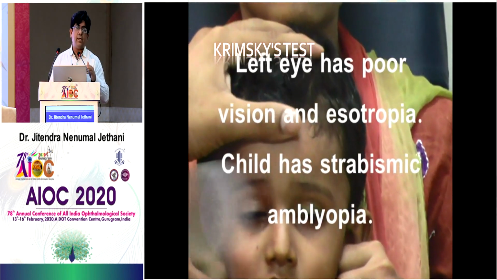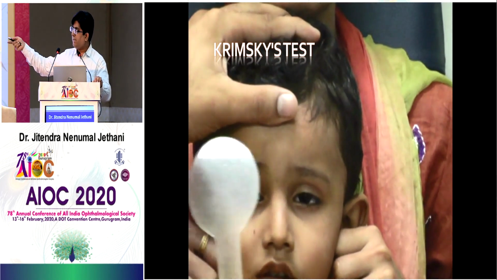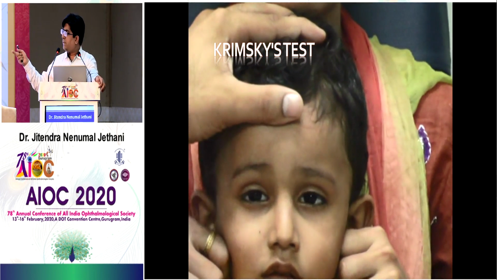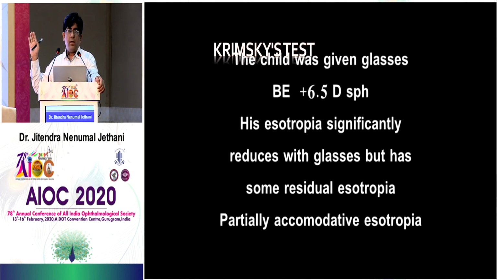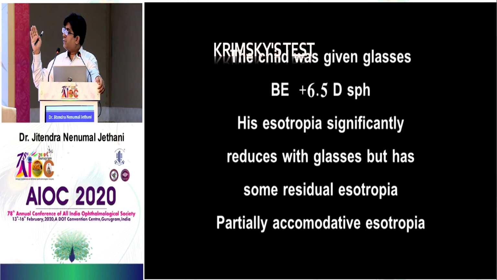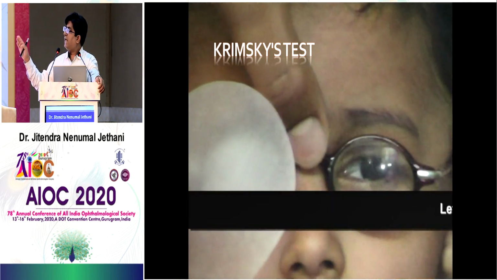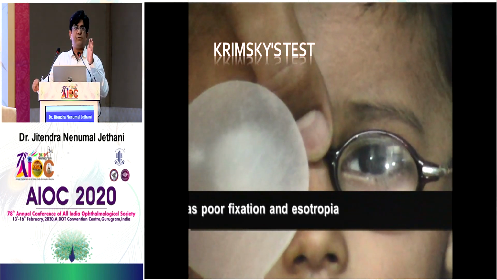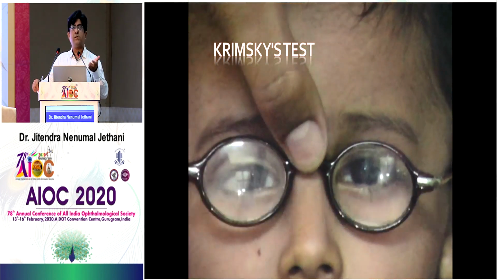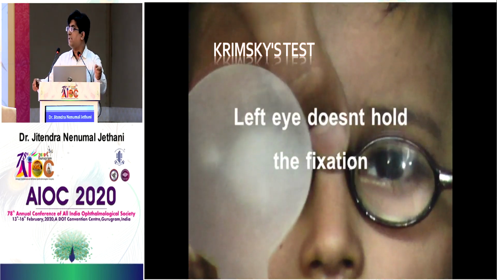He was really an uncooperative child, so she is holding his ears, and he was a partially accommodative esotropia patient. We'll put glasses. He had around 6.5 diopters of hypermetropia. So we will give glasses, and even with glasses he has a small angle, but because he is very young, he is not very cooperative for the alternate cover test. We can do a Krimsky just to note the amount of deviation that he has.